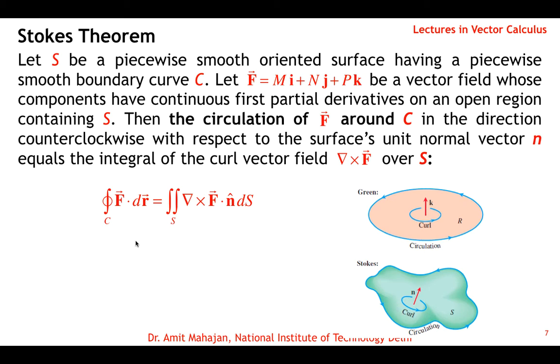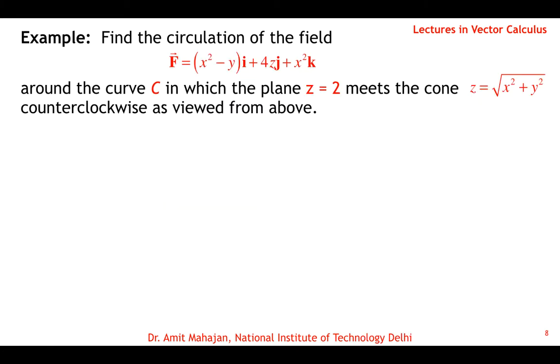Let us take one example to find the circulation of the vector field F = (x square minus y) i plus 4z j plus x square k around the curve C, where the plane z = 2 meets the cone z = square root of (x square plus y square), counterclockwise as viewed from above.